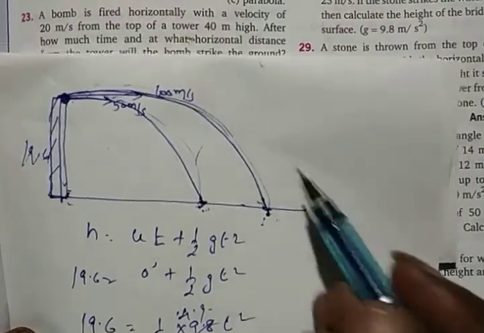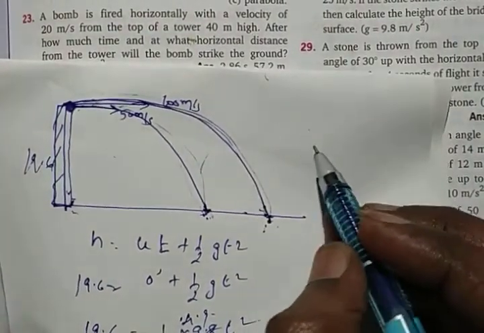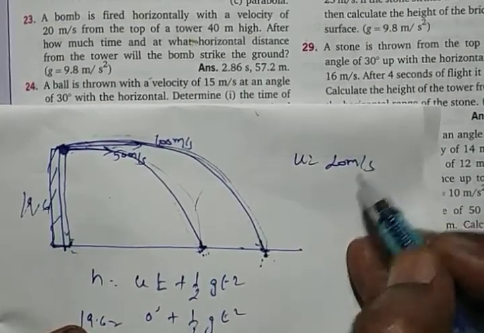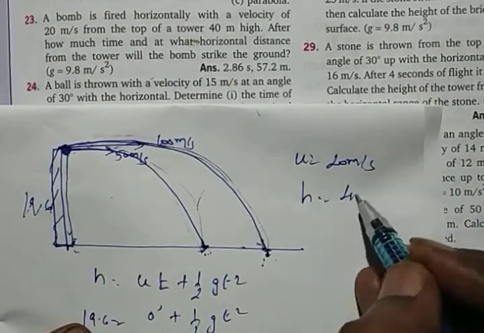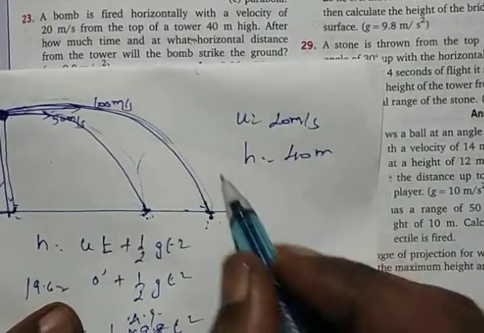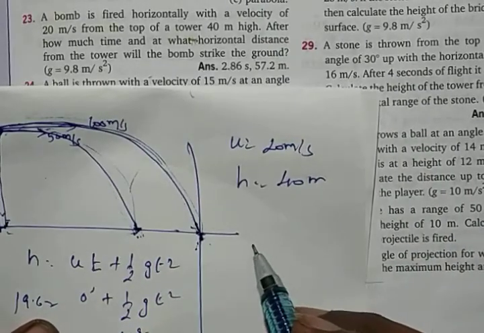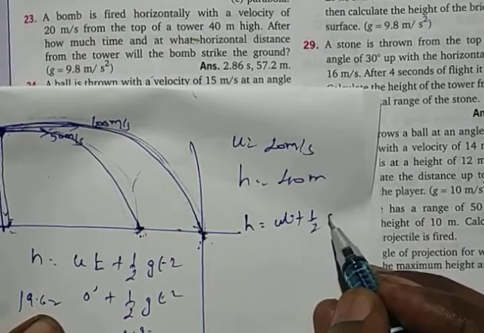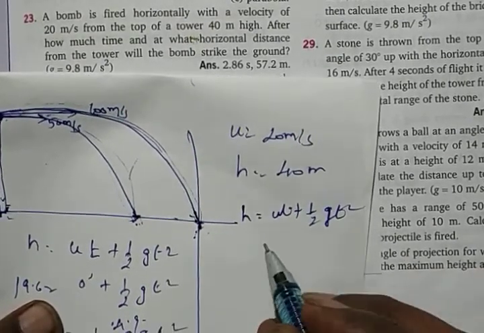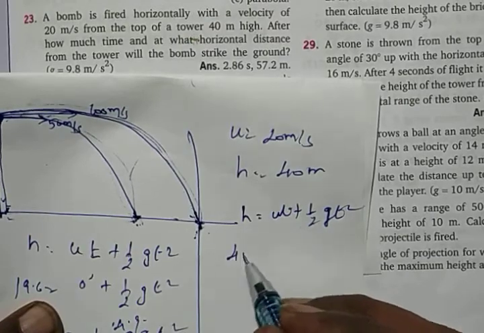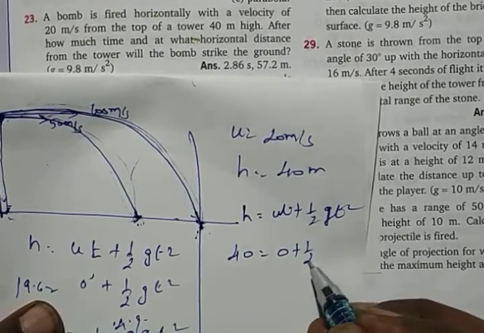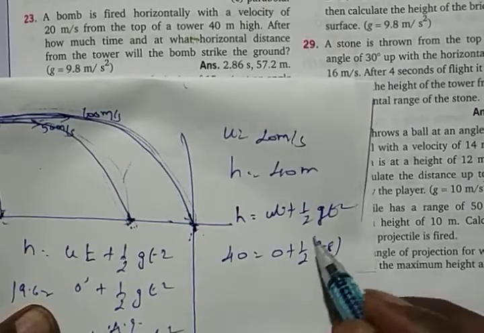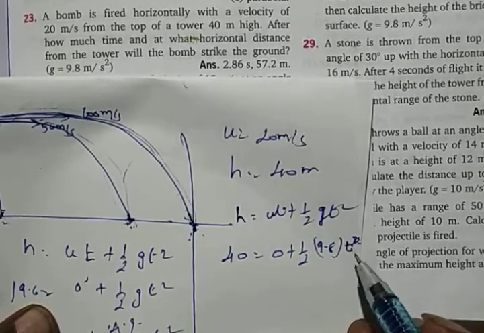So u is equal to 20 meters per second and the height is equal to 40 meters, and you are asked to find the time. h is equal to ut plus half gt square. So 40 equal to 0 plus half, g is 9.8, into t square, and there will be a little bigger calculation.